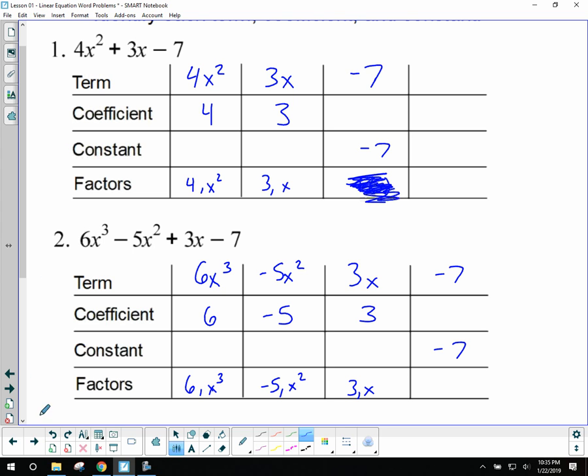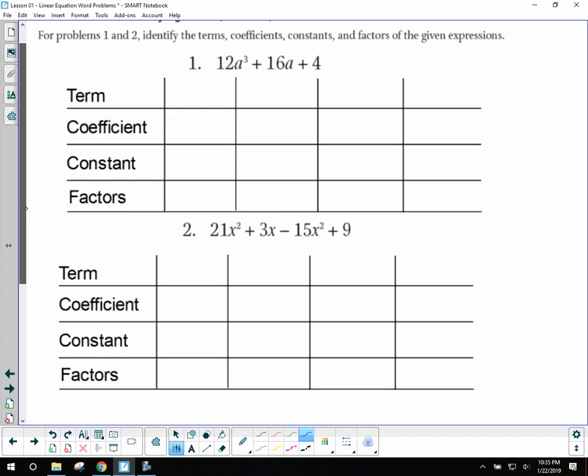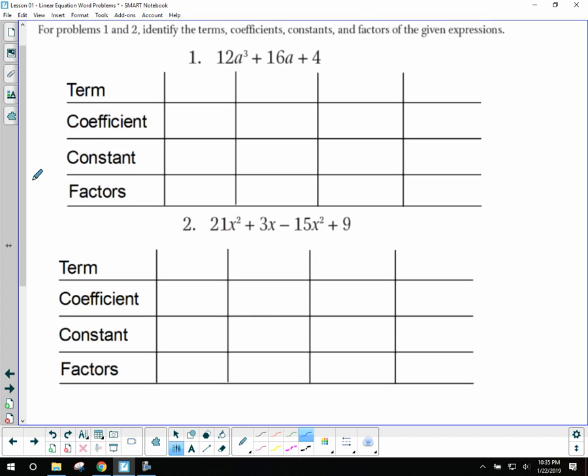Here's 2 more examples. Go ahead and pause the video here and try them out. But fun fact, simplify this guy and then pull out your terms and coefficients. Alright, we're back.